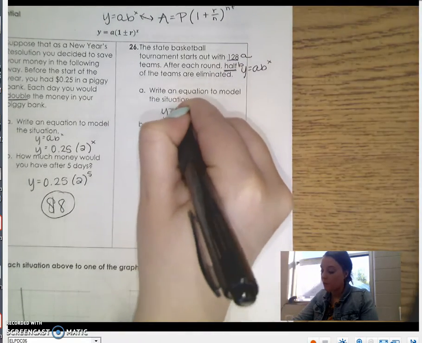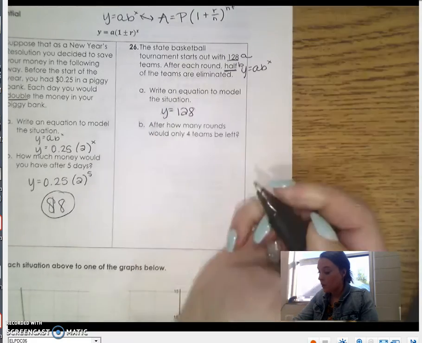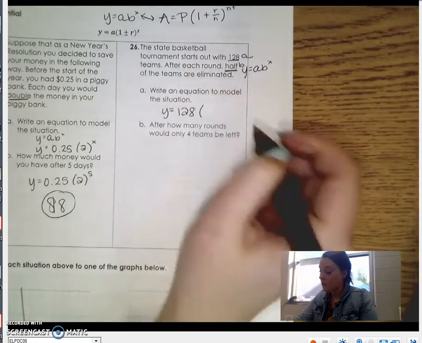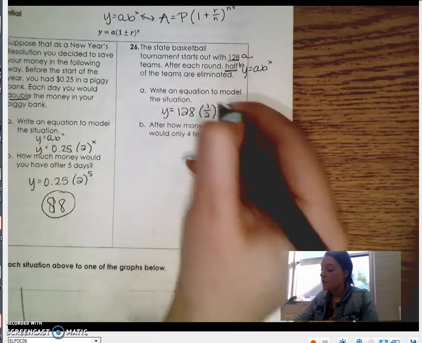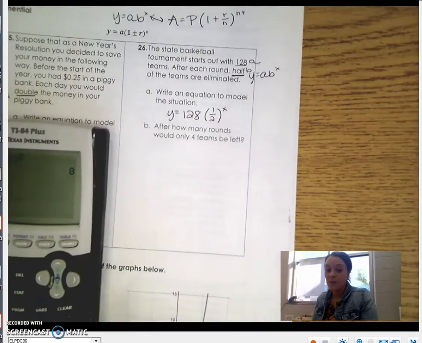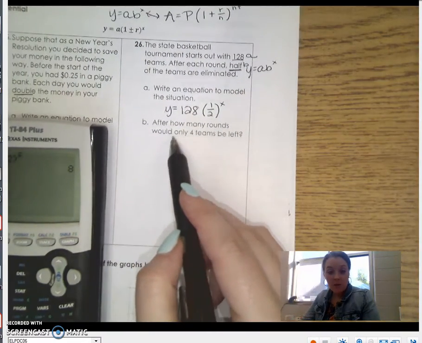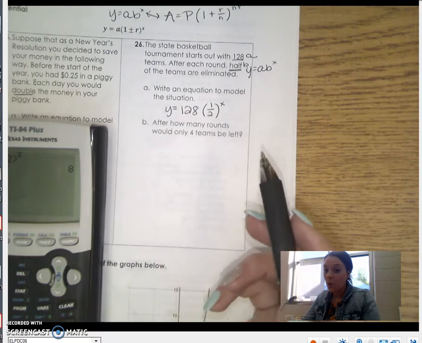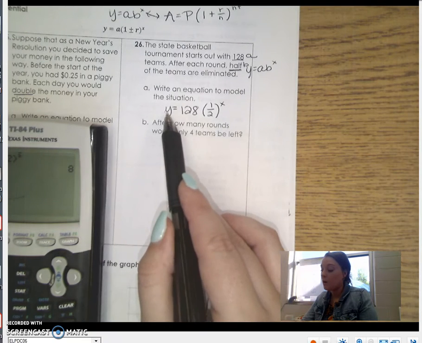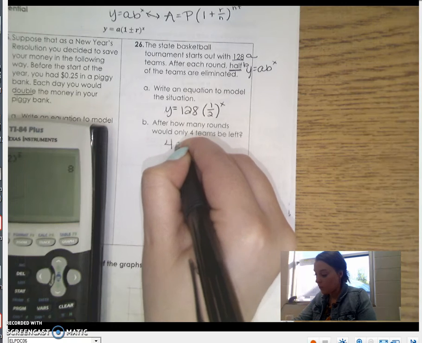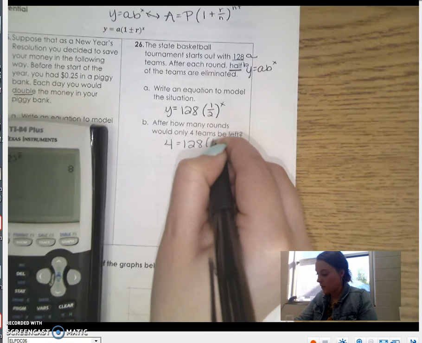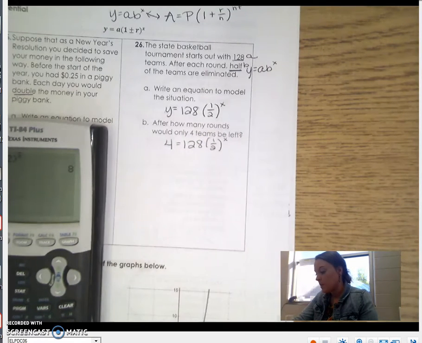So we have y equals 128, my starting value, times 1/2, or you could put 0.5, to the power of x. They're asking me how many rounds would it take for only 4 teams to be left. So now y is going to be 4. So I want to know 4 equals 128 times 1/2 to the power of x.